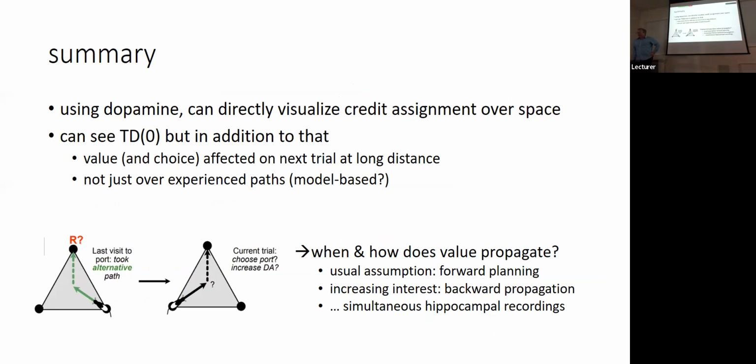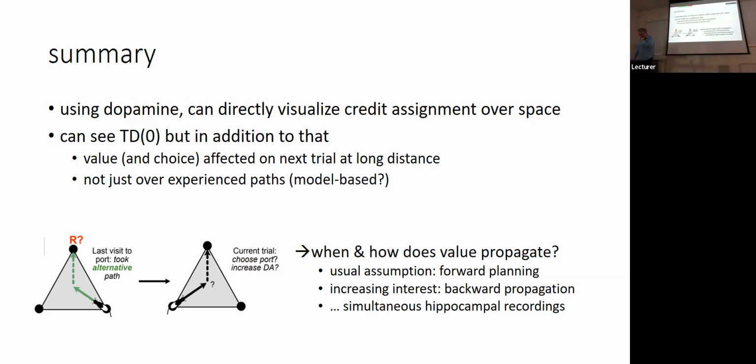But over and above that, and I think much more important behaviorally, value is spreading in a way that looks much more model-based. That is, the value and choice is affected far away on the very next trial, and not just over experienced paths, but over other possible paths into the same port.